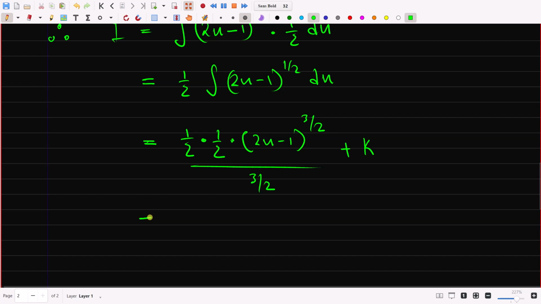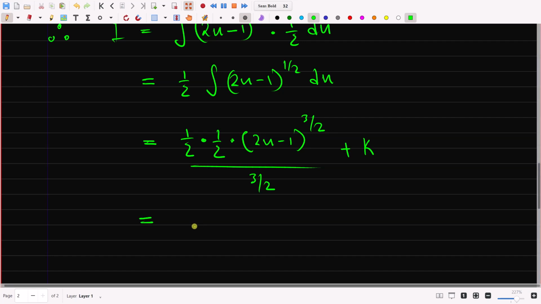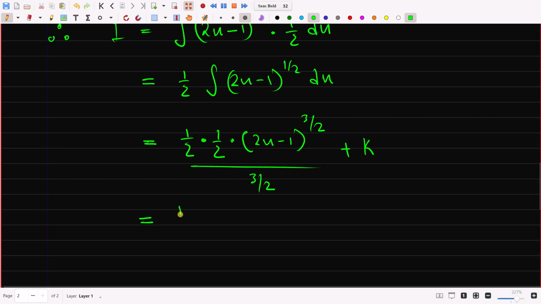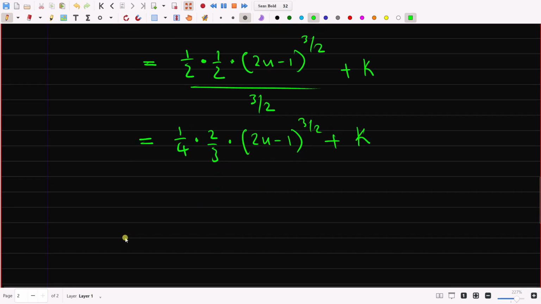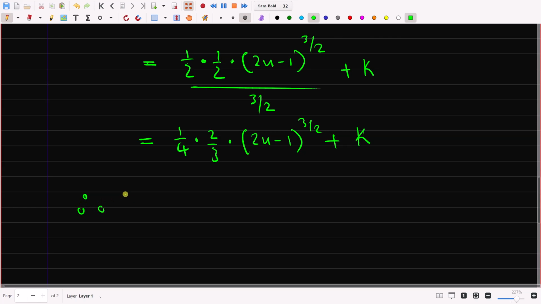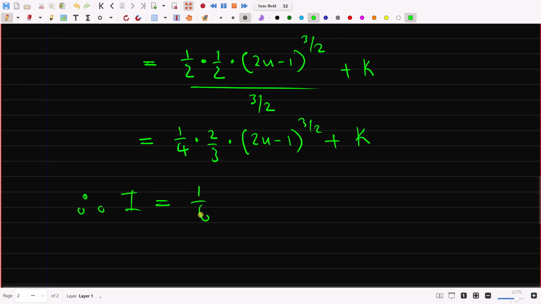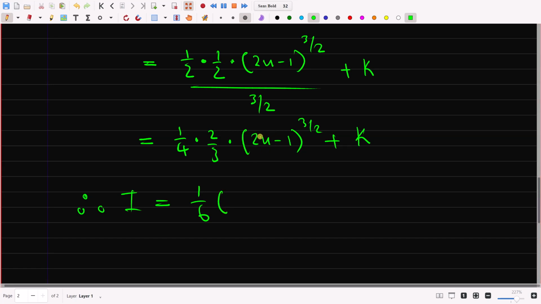The only thing left is simplification. So we have a quarter divided by 3 over 2, which is a quarter times 2/3, times 2u minus 1 to the power 3 over 2, plus k. Now this simplifies nicely. So what is I? The integral I is going to be, if you take 2 there, 1 over 6.